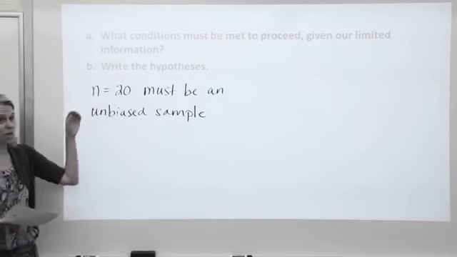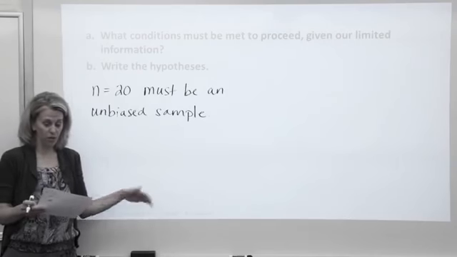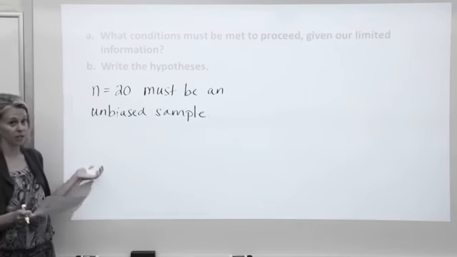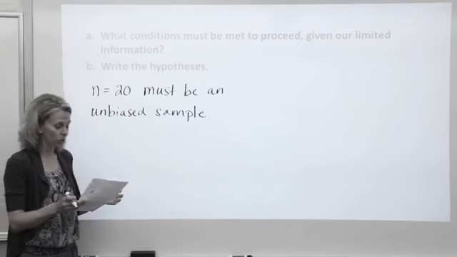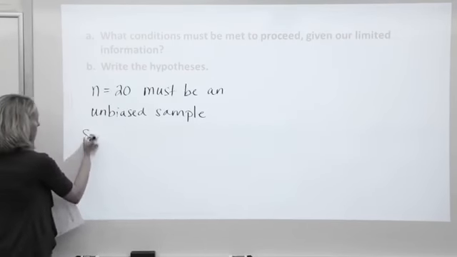And because the sample size is on the small side, it's under 30, we would also have to graph the data and make sure that our histogram had a normal looking shape to it there.